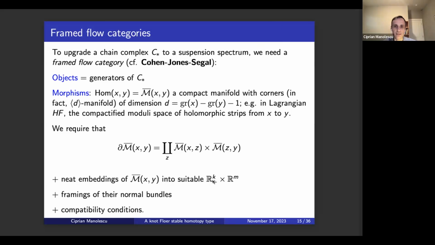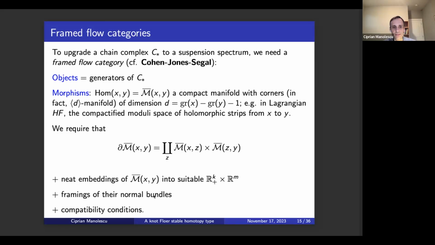So meaning you have some copies of R_+ and subcopies of R, and you want these to be neat, meaning that boundaries go to boundaries and strata of codimension i go to strata of codimension i in the usual way. So R_+ has a stratification with 0 and the positive axis. Boundaries go to boundaries, corners go to corners, and so on.